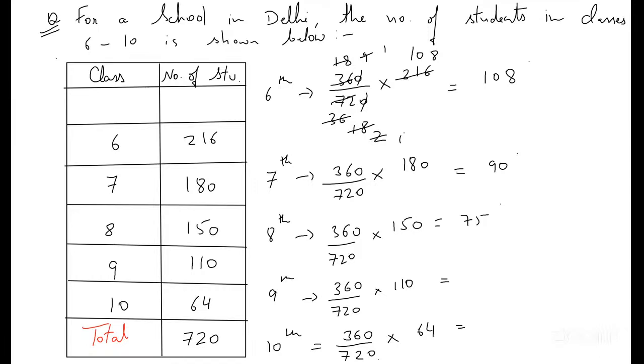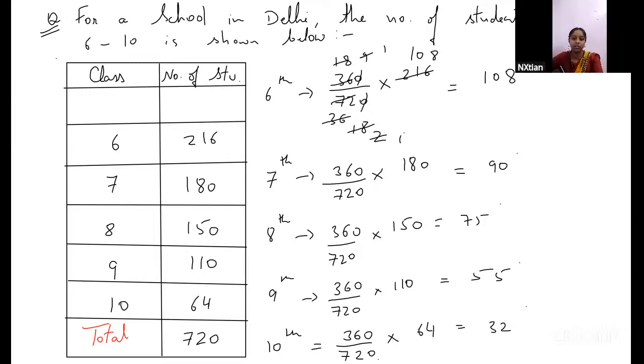Okay. 55 for the 9th class and for the 10th class we will get 32 degrees. Done till here. When all of you have finished till here, just let me know.